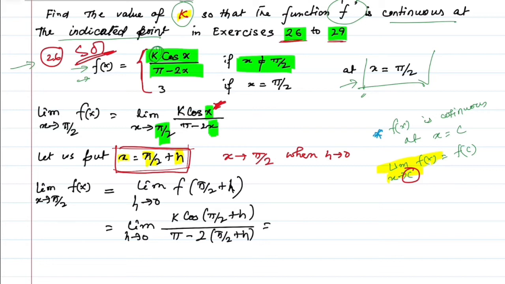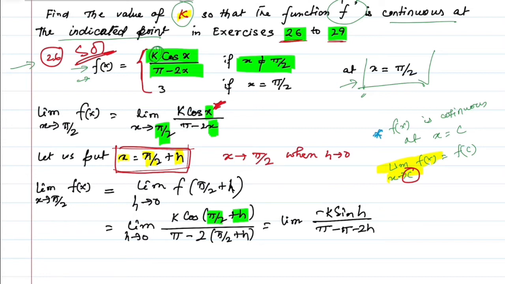Here cos of pi by 2 plus h is minus sin h, by pi minus pi minus twice h. I hope you got the simplification here.